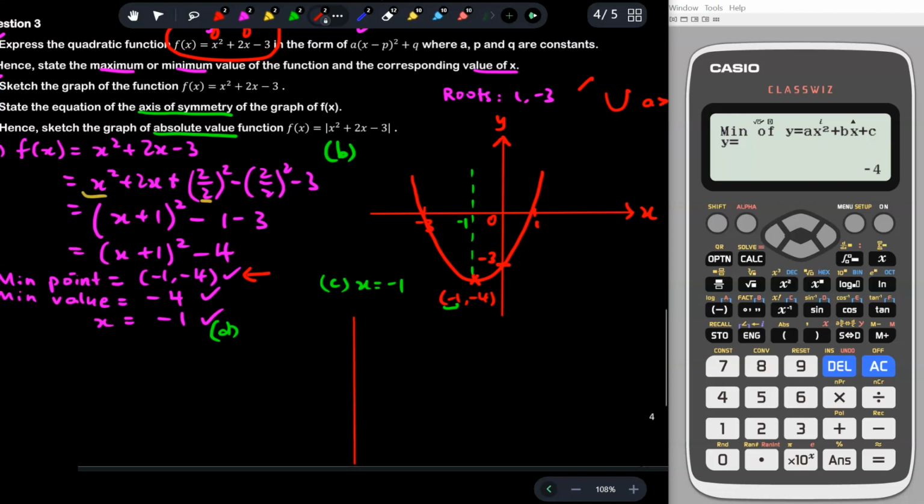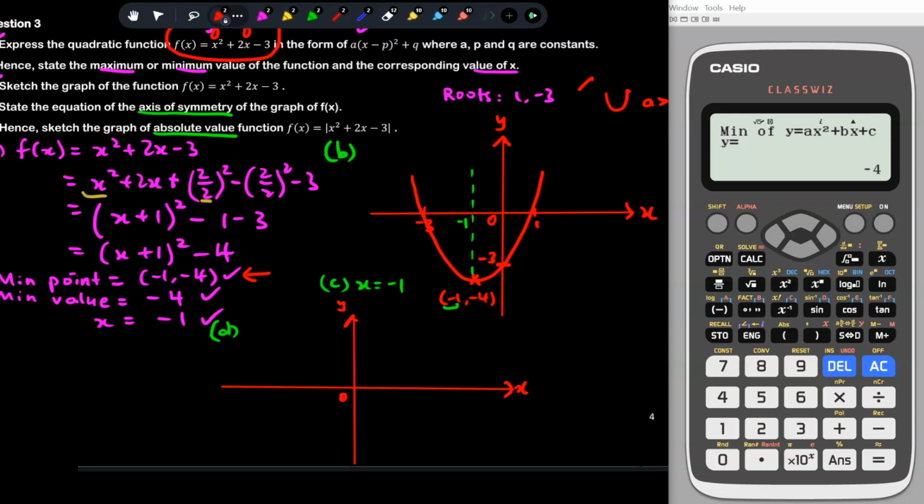So draw the y-axis. This is x, this y, this x, this origin. So we use back the same graph, whereby it's 1 and -3. So it will be like this.